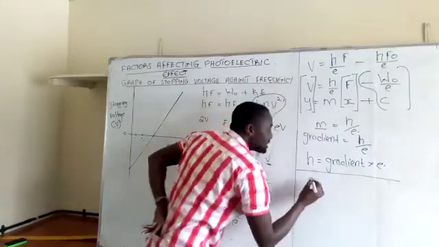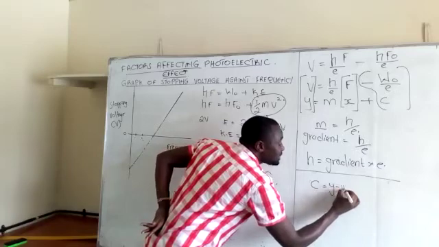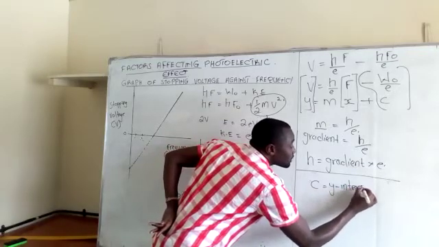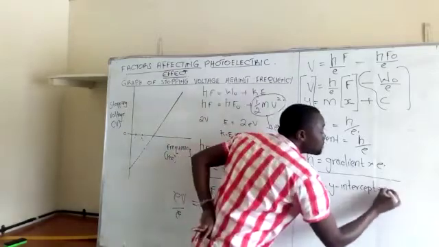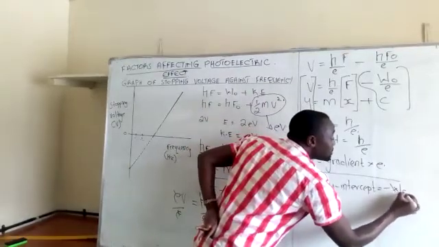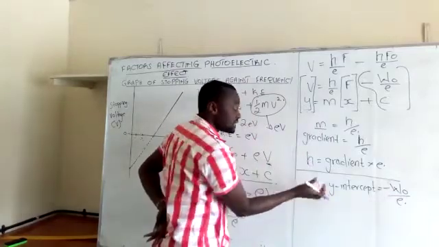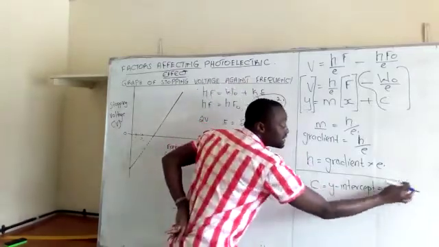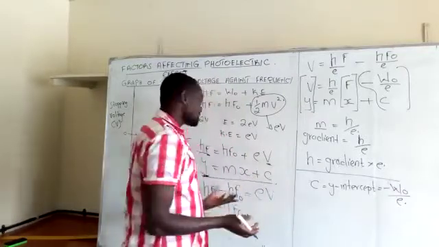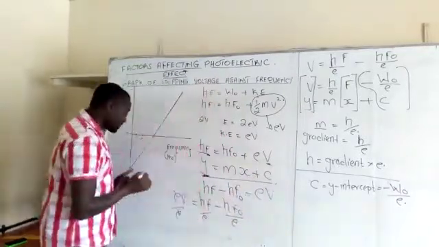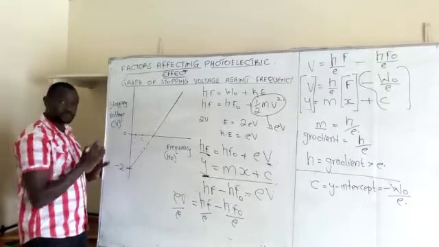That means that c, the y-intercept, will be equal to minus W naught over e. That means the y-intercept can give us the work function. Let's take for example that this value here is -2.